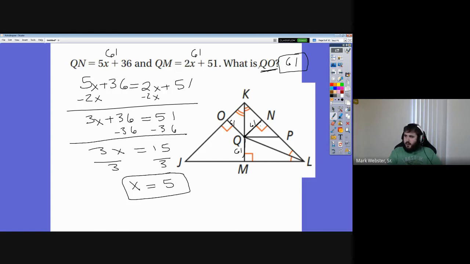Again, look at the question, right? Now there was an alternative question in here as well, saying, is it possible that QL could ever be 50? We can answer that question with a definite no, right? And the reason we know is because of the definition of distance from a point to a line. If the distance from a point to a line is the perpendicular distance like this from Q to N, that means that from Q to N is the shortest distance from Q to this side, right?